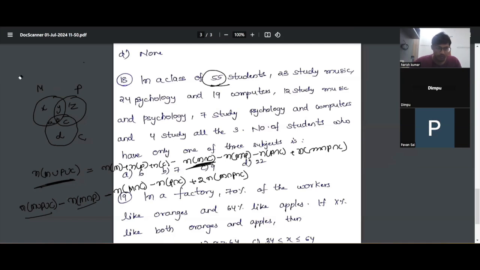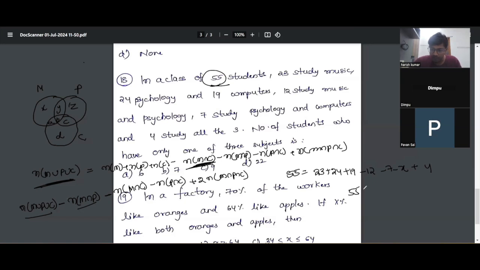So 55 equals 23 plus 24 plus 19 minus 12 minus 7 minus x, where x is n of M intersection C, plus 4, right?